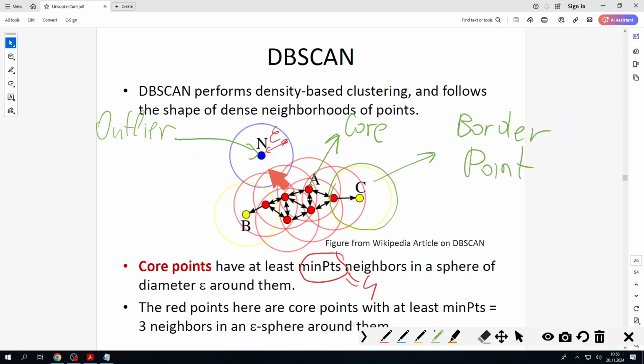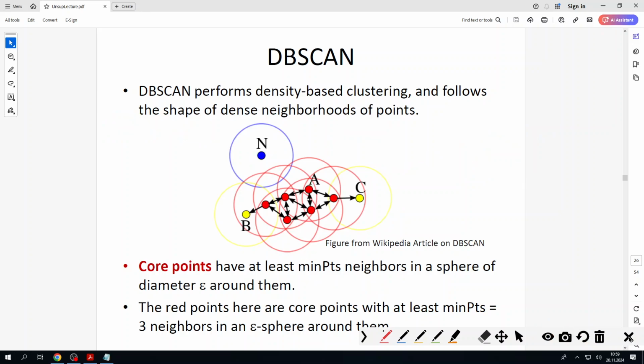If it were to have here one point which would belong to the cluster, then this point would also be a yellow point, because it has a neighbor belonging to some cluster. But since it does not, it's considered a possibility in the future, if you add more points, to belong to this cluster, or it may be considered to belong to some other cluster.